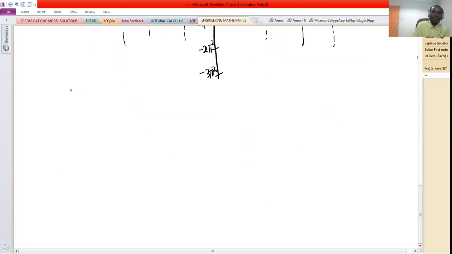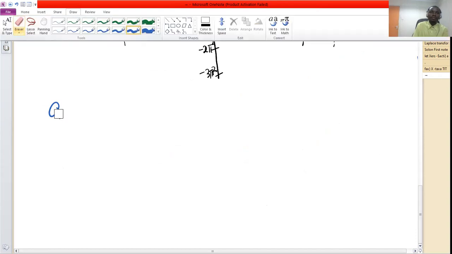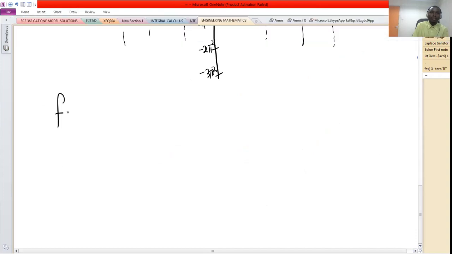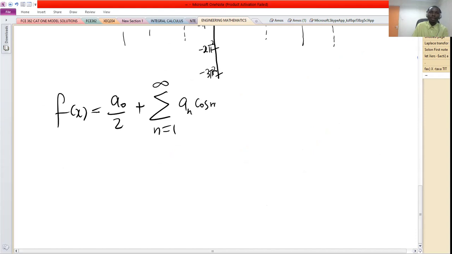And then part B is to show the Fourier series of the function. So remember that the Fourier series f of x is given by a naught over 2 plus summation n from 1 to infinity of an cos nx plus bn sin nx.